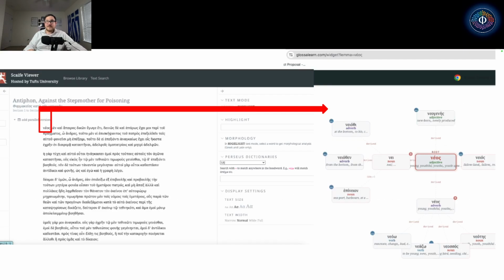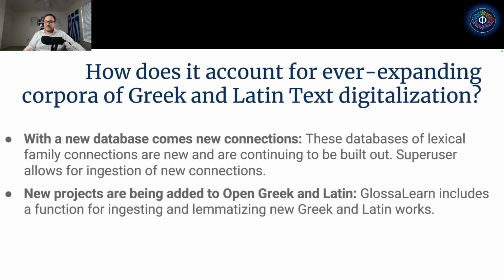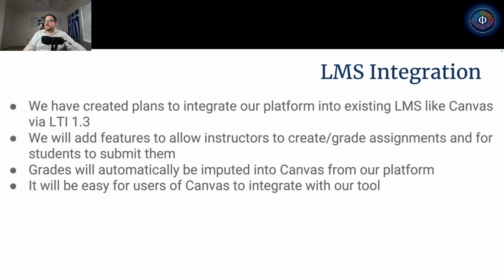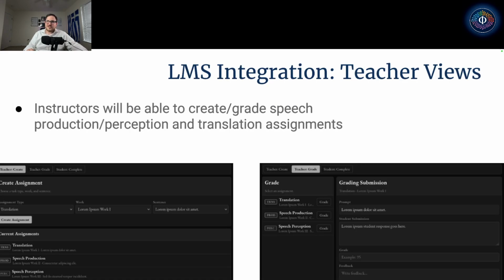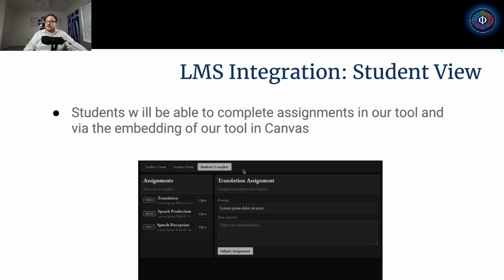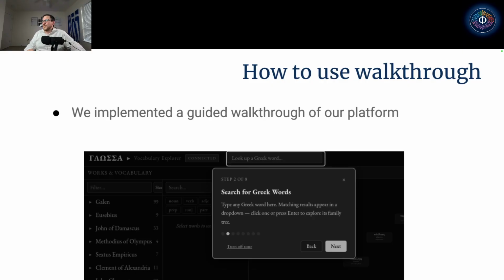So while we do have things like the widget tool all ready to go, we are continuing to develop the LMS integration and creating assignments here. So we have the teacher created assignment, and then also a student view for that assignment already mocked up, and much of the back end is already built when it comes to that LMS integration, which is where we promised to be for this project.